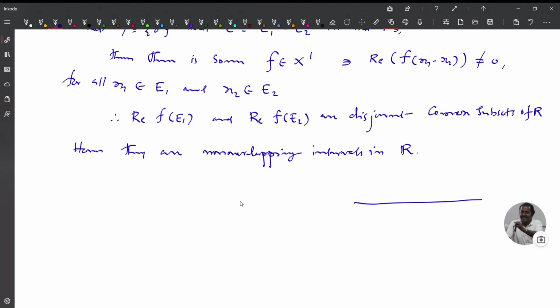So you can assume that this is real part of f of E1 and real part of f of E2.